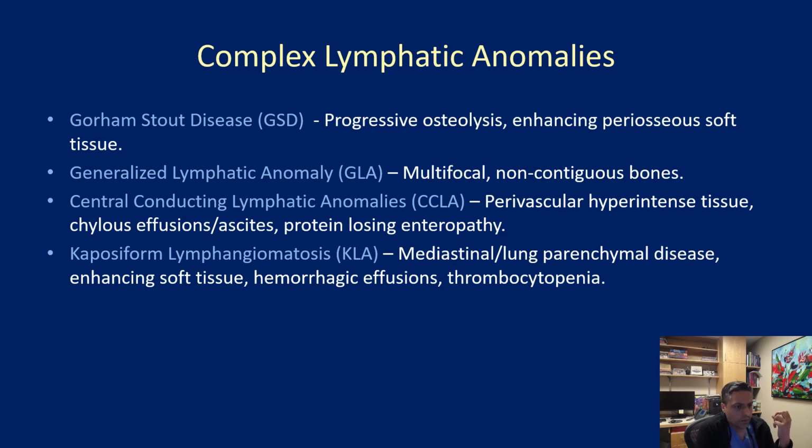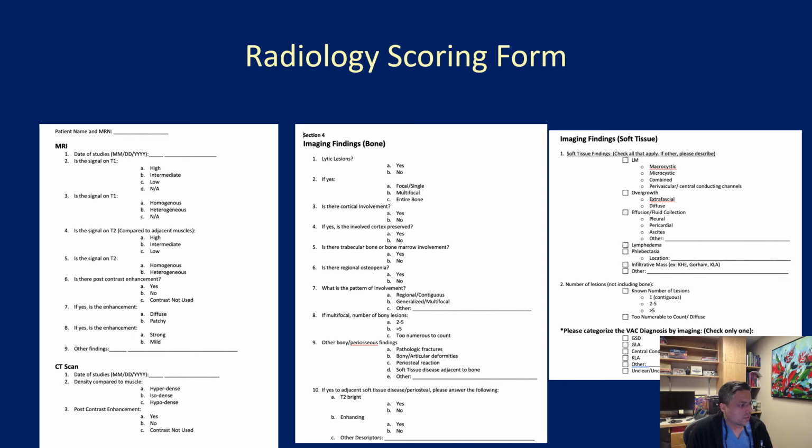CCLA and KLA both have perivascular hyperintense tissue, but the mediastinal and lung involvement is much more prominent in KLA, which is also associated with enhancement of the mediastinal and thoracic soft tissue, as well as hemorrhagic effusions and thrombocytopenia. We have used these features to devise a radiology scoring form, which makes it easier to clearly differentiate these conditions.